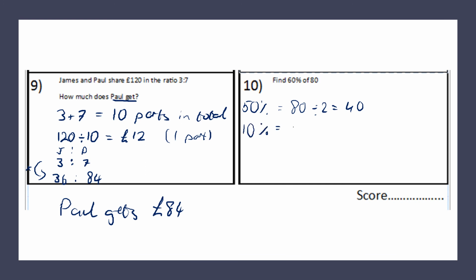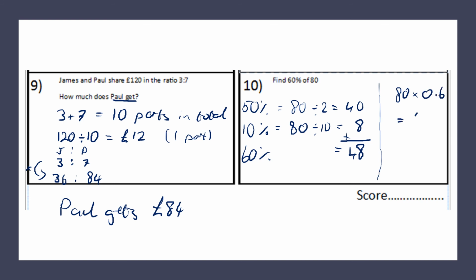So to find 10%, I would do 80 divided by 10, which is 8. So to find 60%, of course, we're going to add them together. 48. Okay, and if that was a calculator question, you could use multipliers. So you do 80 times by a multiplier for 60% would be 0.6, and you will get 48 also.